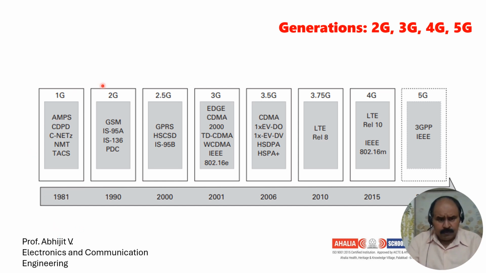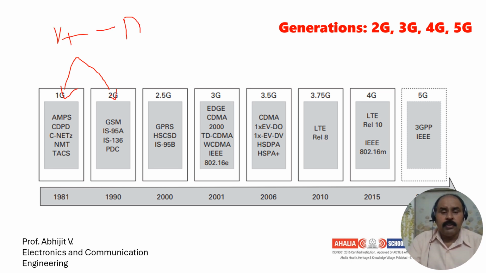From then we shifted to 2G, where the Global System for Mobile was developed as a world standard for wireless communication. The primary change from 1G to 2G was analog to digital.